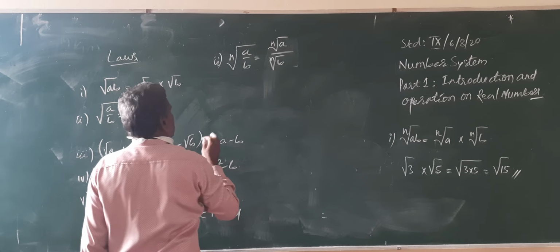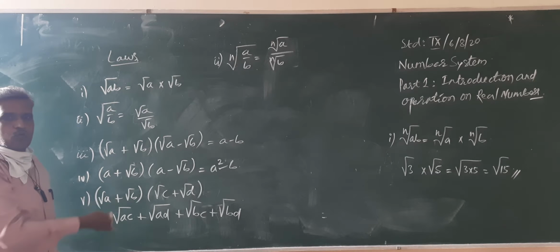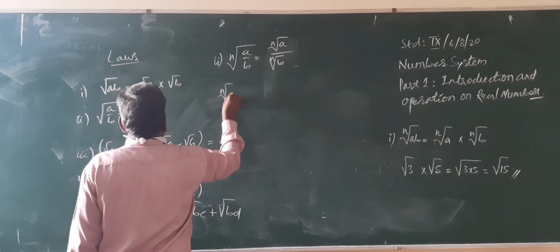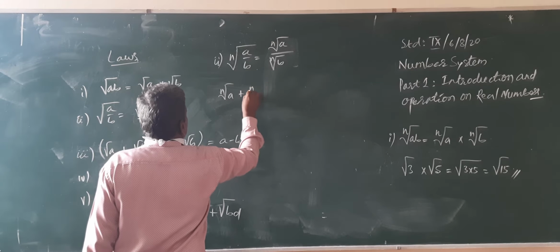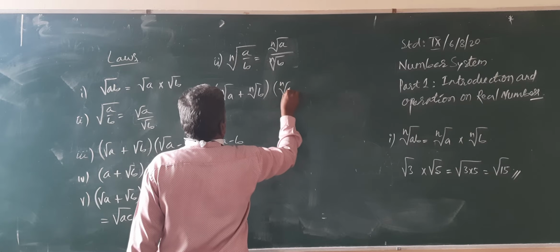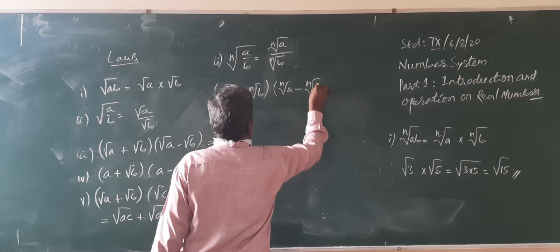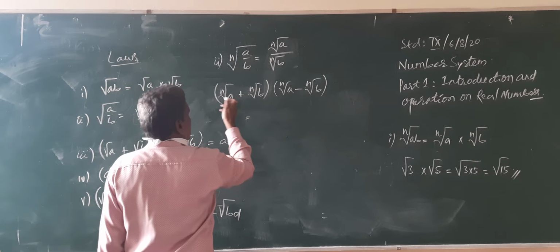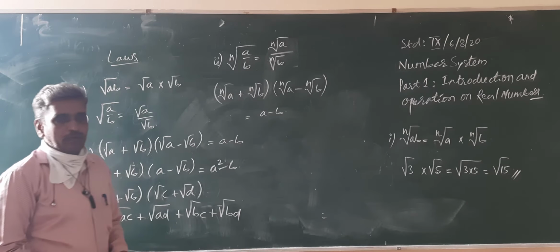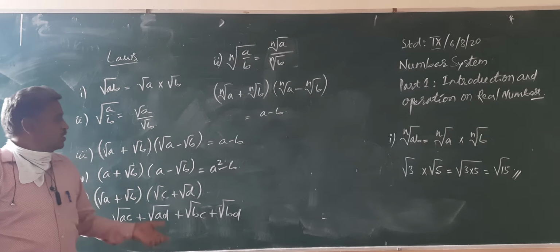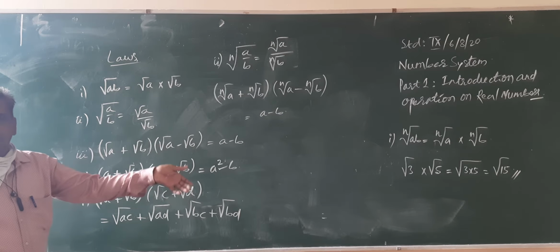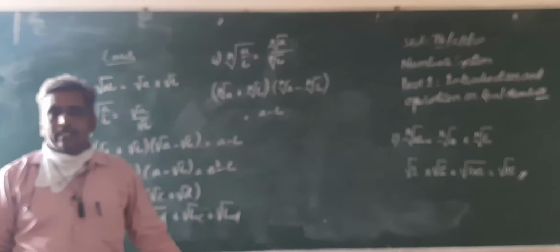Actually this is the meaning, but in the textbook only the square root is given. So now, the nth root of a plus the nth root of b into the nth root of a minus the nth root of b, when n is the same, the value is equal to a minus b. So these are the laws given, and according to these laws we are going to solve the examples.